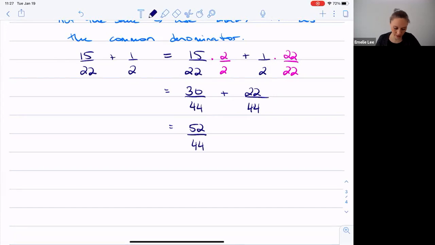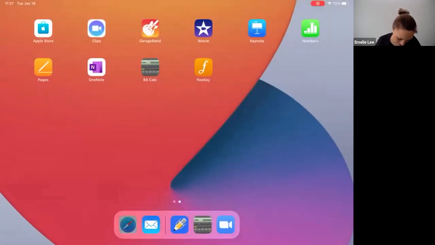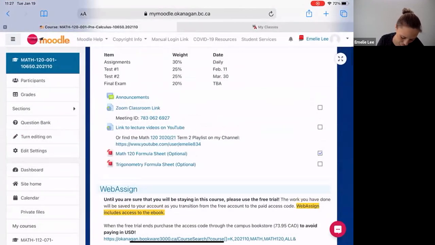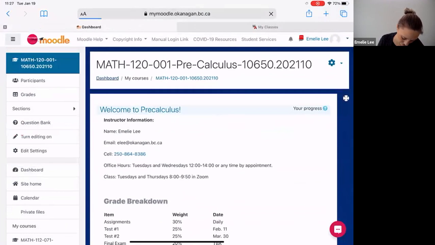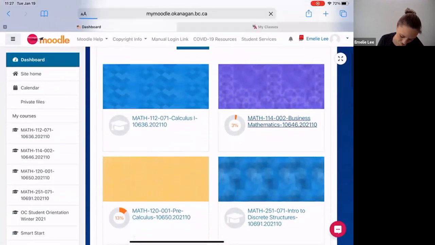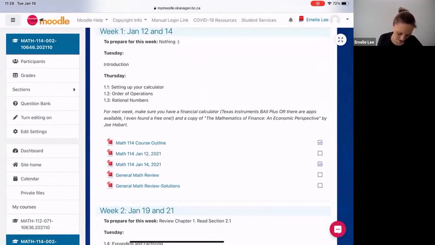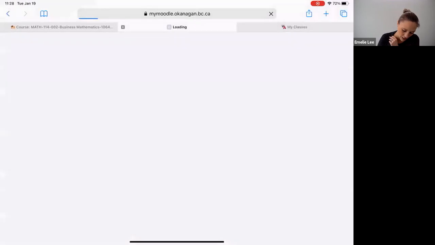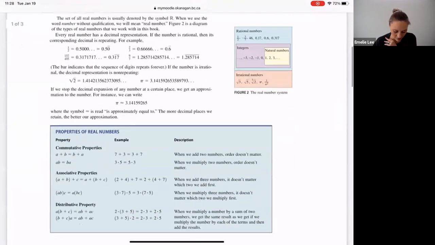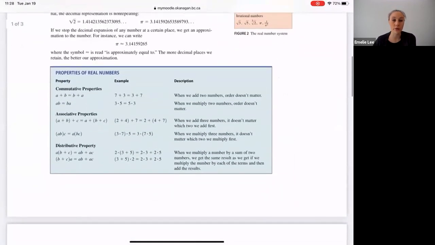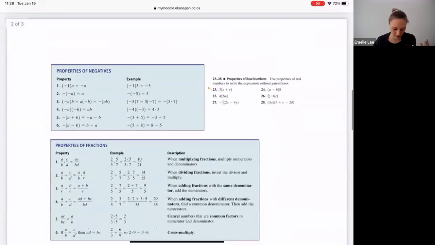So I want to show you guys, I made it a little bit cryptic, I guess, in hindsight. Go to our Moodle page here. So what I did was I posted kind of general math review. And of course, this is from my different course that I'm also teaching, but I thought it might be useful. So definitely it just goes through some properties of real numbers. So how does multiplication and things, how do they work? How do negatives work?